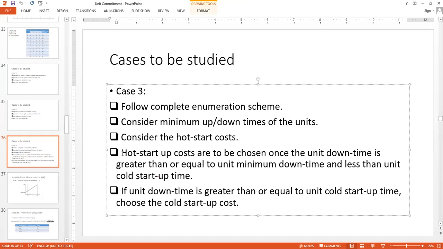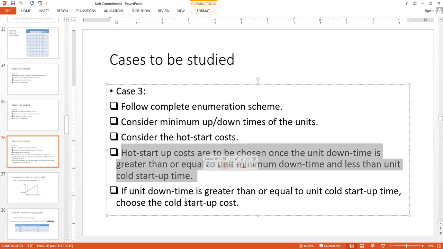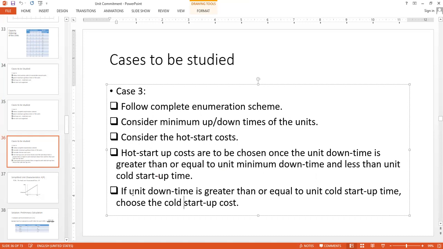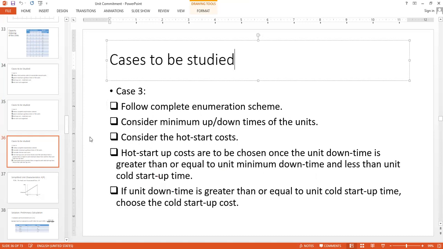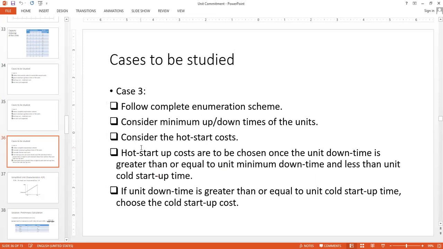And here there's a little explanation of when we should take the hot start cost and when we should take the cold start cost. So let's go through these 2 points shortly. What is hot start cost, and when should we take hot start cost and when should we take cold start cost?